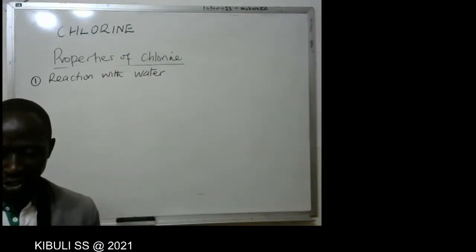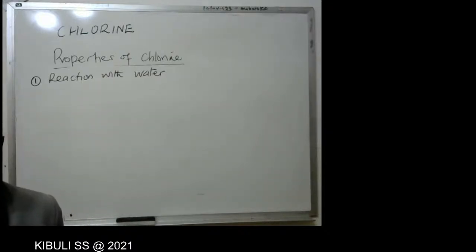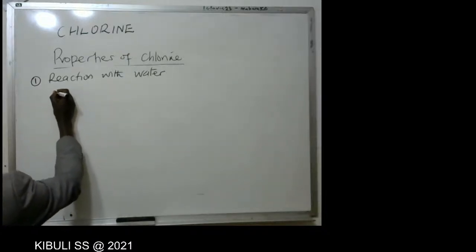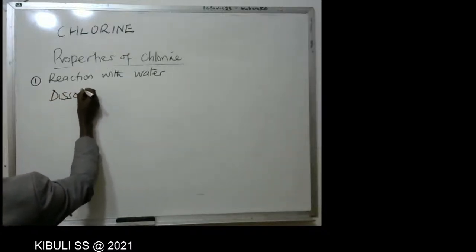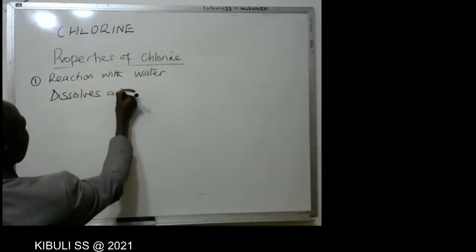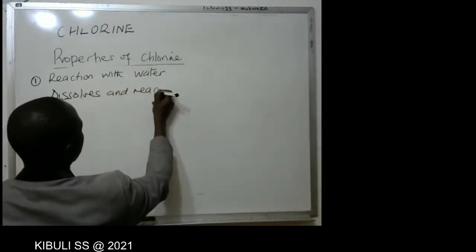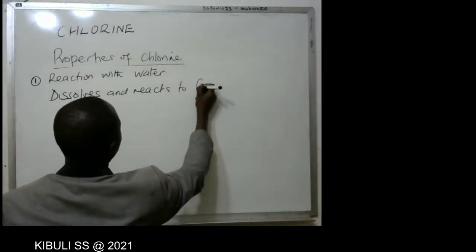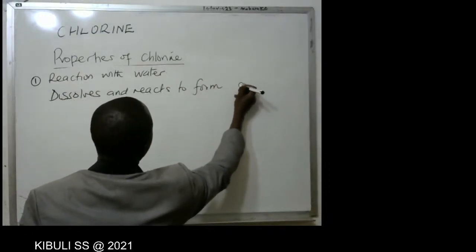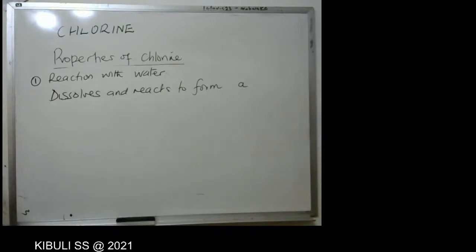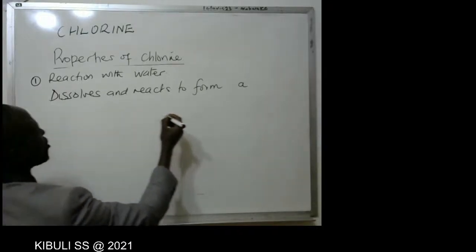The information you need to pick is chlorine is readily soluble in water. So it readily dissolves and reacts to form what we call a mixture.